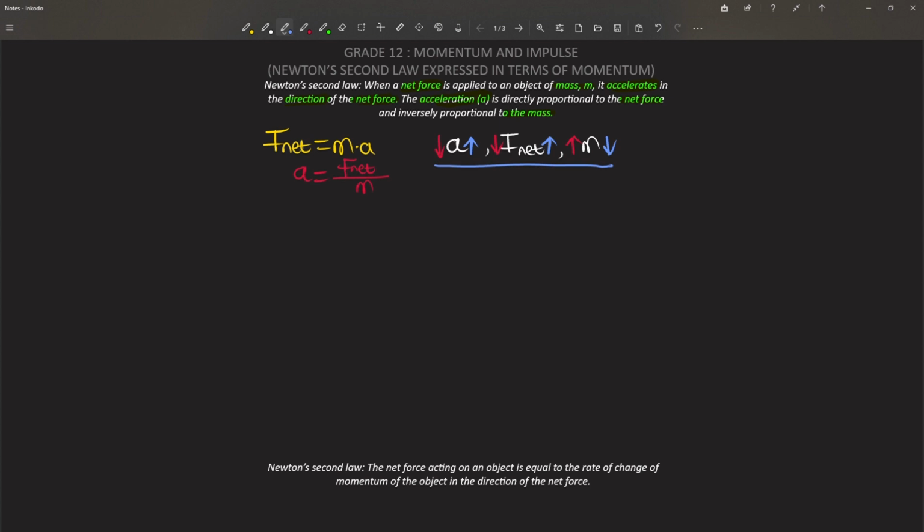Now that we understand the relationship between net force, acceleration, and mass, let's look at acceleration. Equations of motion from grade 10: you know that acceleration is equivalent to change in velocity over time, which is final velocity minus initial velocity all over time.